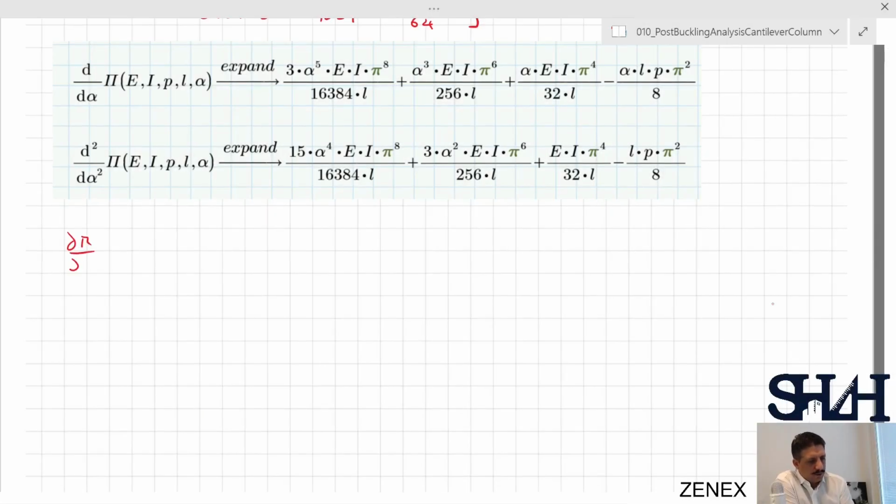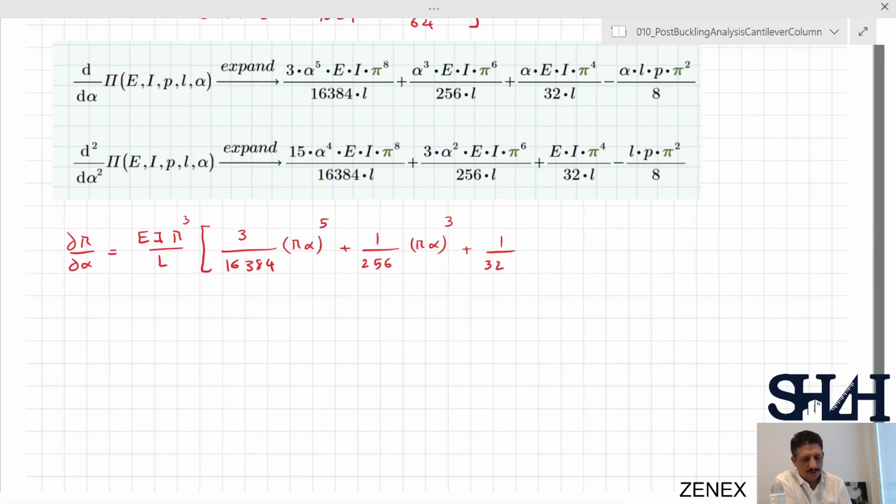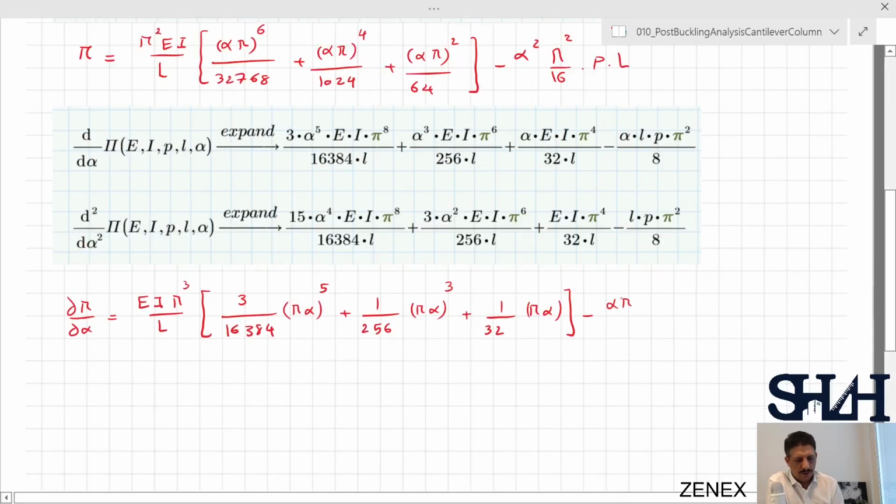So the derivative of pi with respect to alpha will be, now we have EI pi cubed over L. So it will be 3 over 16,384 pi alpha power by 5 plus 1 over 256 pi alpha power by 3 plus 1 over 32 pi alpha minus alpha pi squared divided by 8 PL.